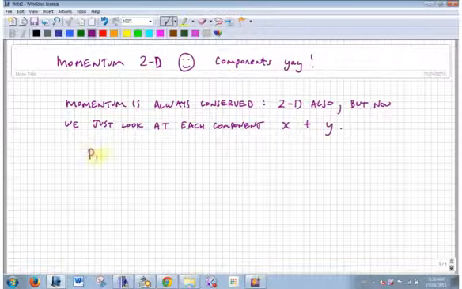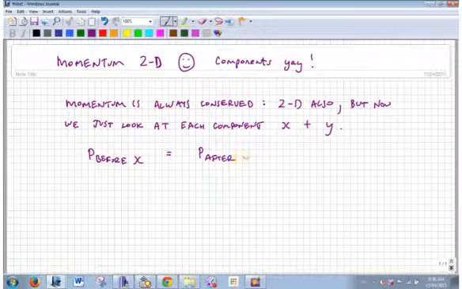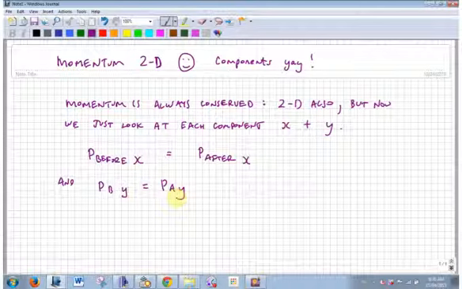So P before equals P after, just in the x direction. And then we separately do the y direction.